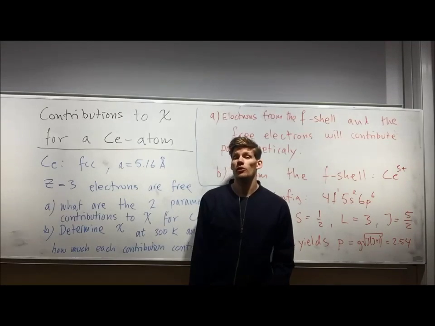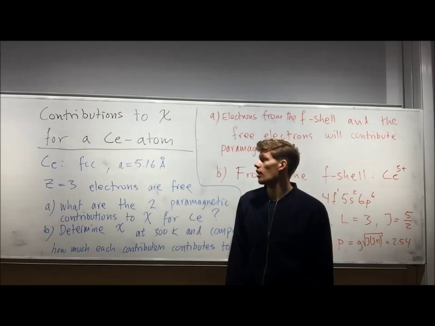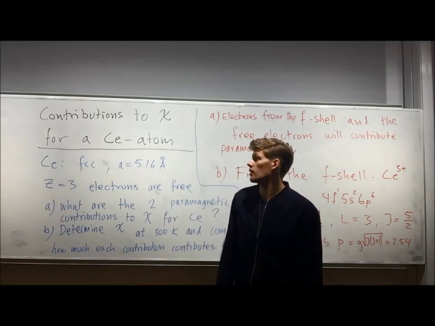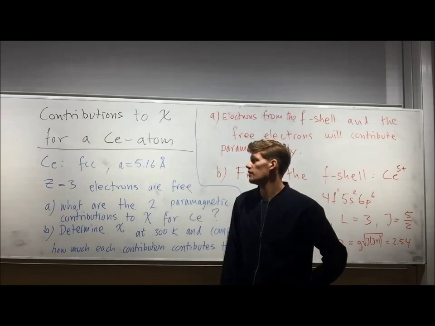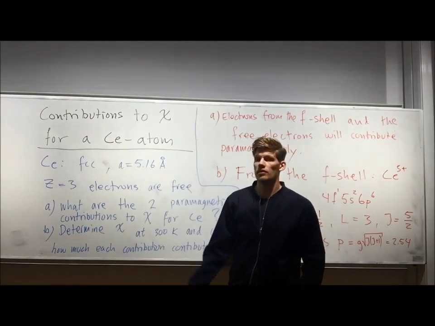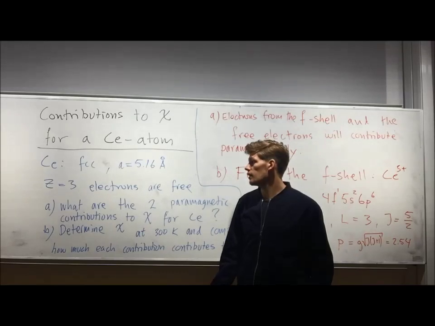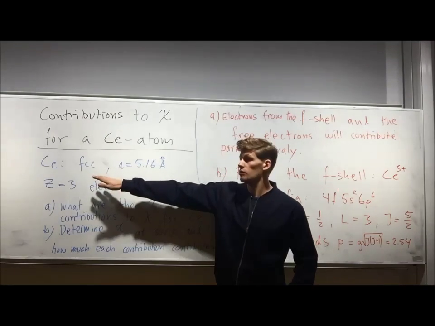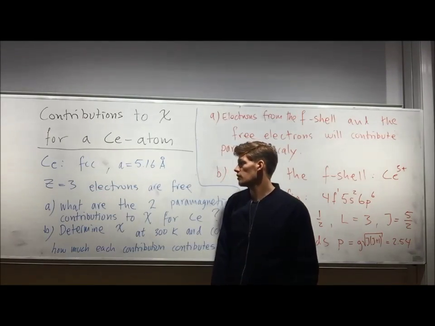Hey again. So in this exercise, we're going to look at two paramagnetic contributions to the susceptibility in a cesium atom. And basically, the information is that cesium is an FCC metal, right?